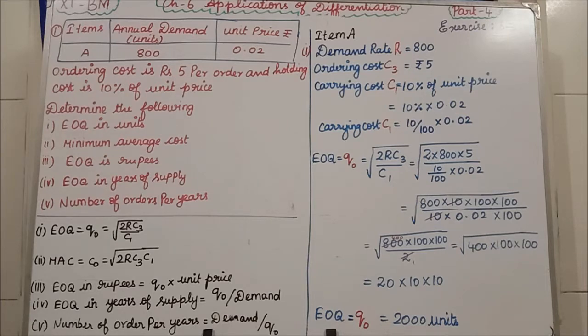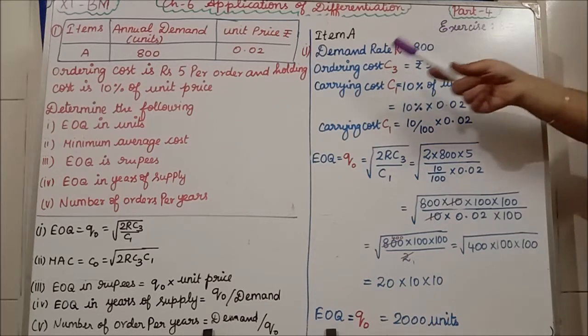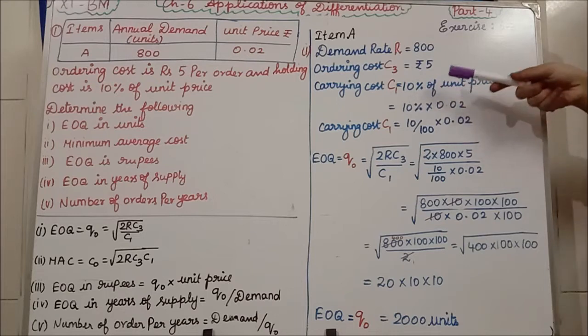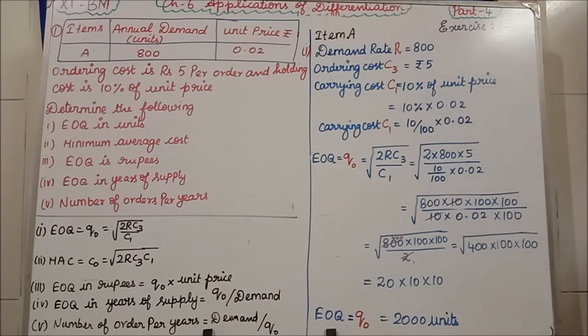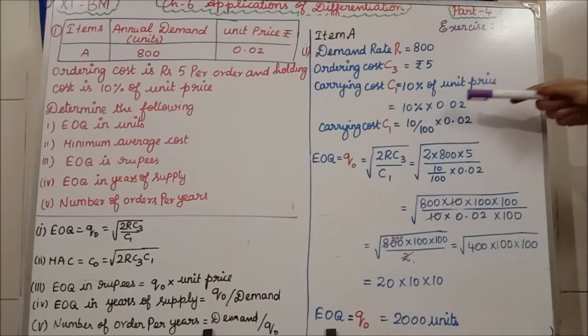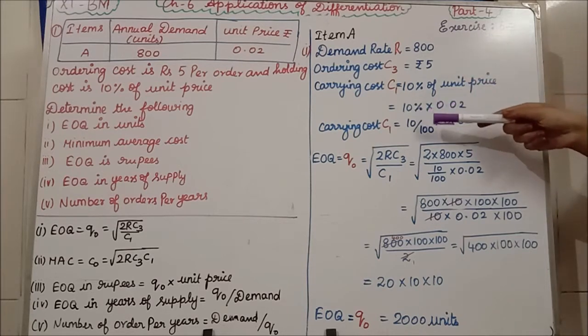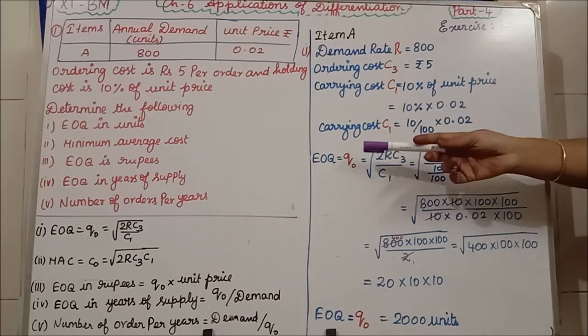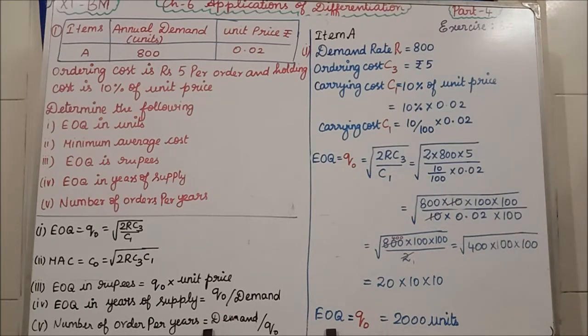Demand rate R is equal to 800. Ordering cost C3 is equal to rupees 5. Carrying cost C1 is equal to 10% of unit price, that is 10 divided by 100 into 0.02. EOQ we denote by Q naught.